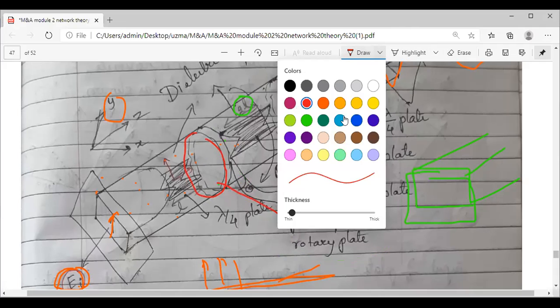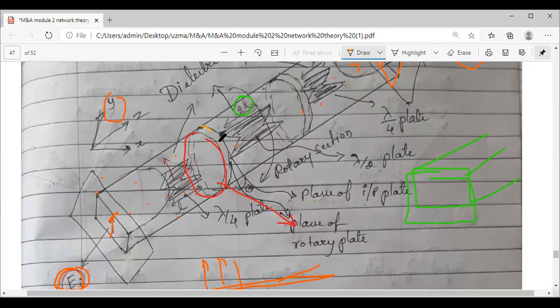And the second circle indicates the second one, because from where the rotary section starts, that first is your plane of rotary section. And after that, immediately you have put this dielectric slab inside. So immediately after that, the plane of the input plate starts.